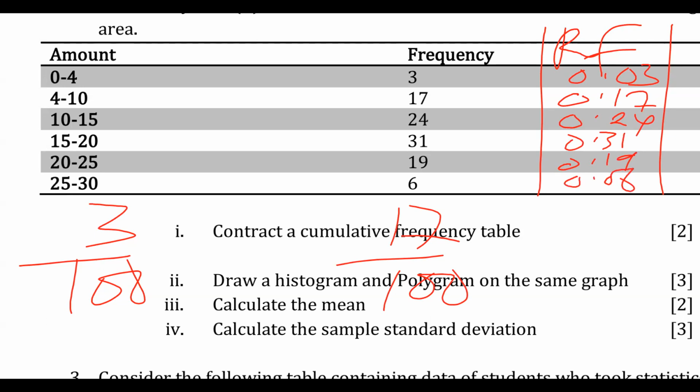Basically, you're just dividing each frequency by 100. That is the relative frequency.